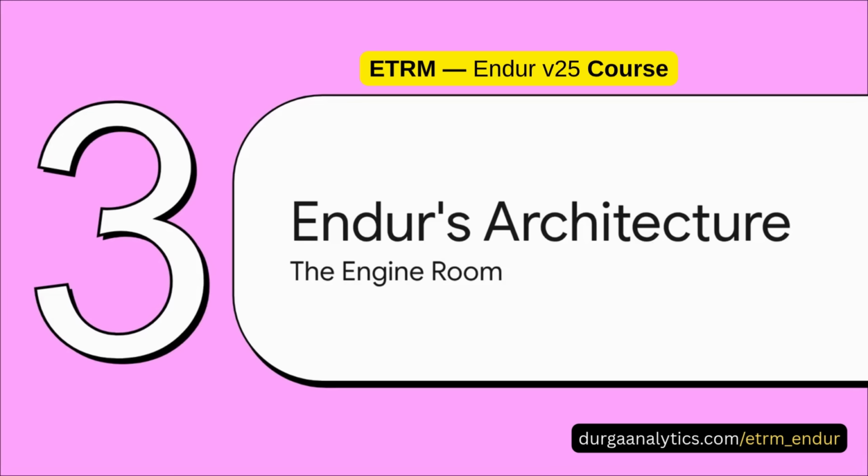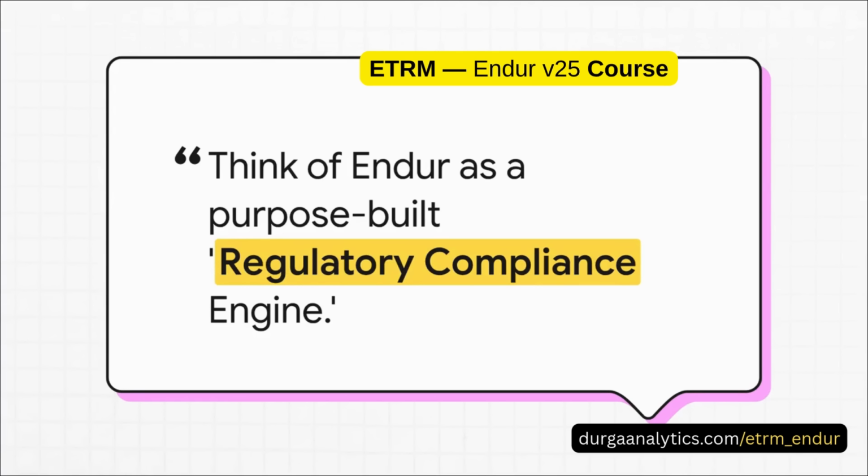Okay, so that leads to the million-dollar question for everyone here, right? How does a beast of a system like Endur v25 actually handle this mountain of data and all these complex rules? Well, that brings us right into its core compliance architecture, what I like to call the engine room. And I absolutely love this analogy because it's just so spot on.